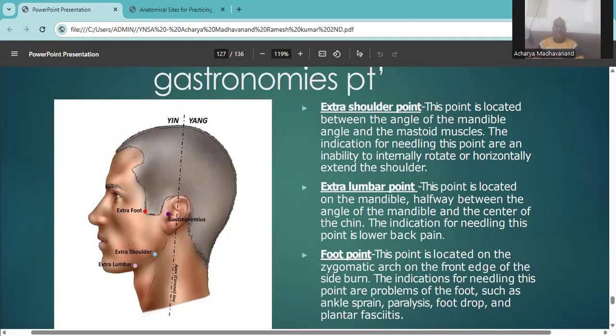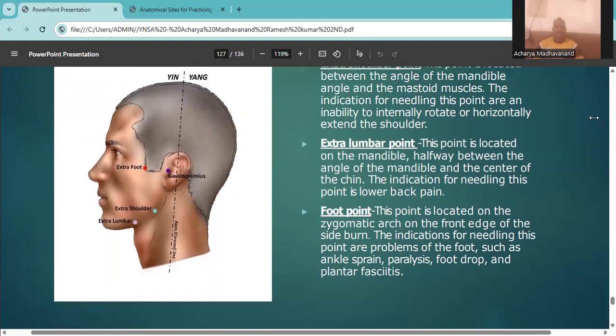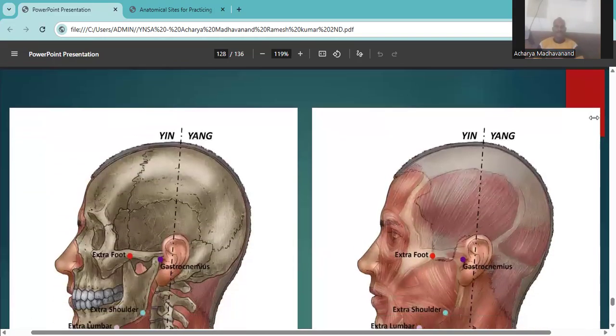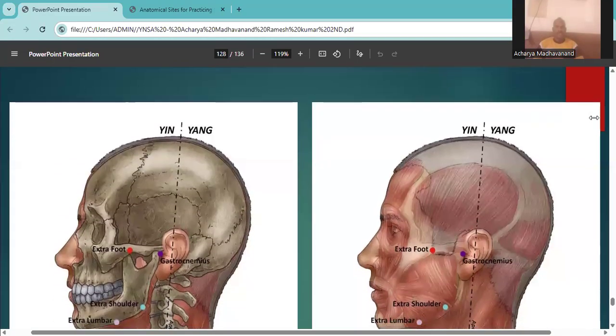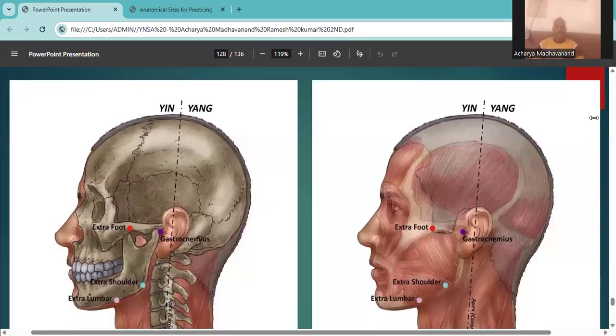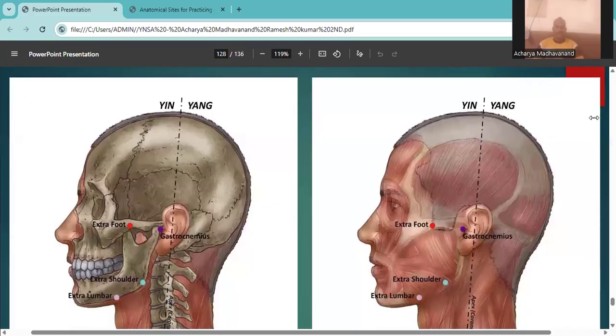Yin Yang. Now you can see all the points location very easily. Where all the points are located is in the next PPT. Then next.